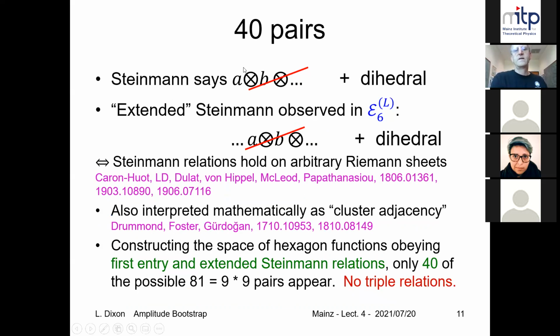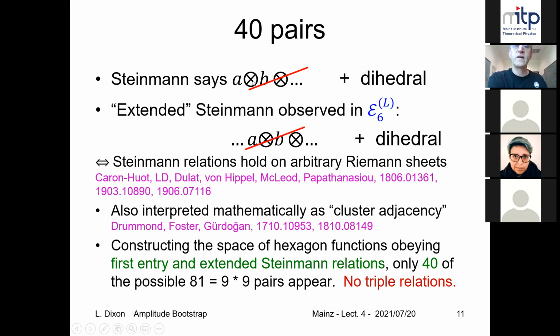So to just recap what we found: the Steinmann relations, when promoted to relations among dual conformally invariant objects, say that the discontinuity in B of the discontinuity in A should vanish. That corresponds to clipping off the letter A first, and then the letter B in the symbol.